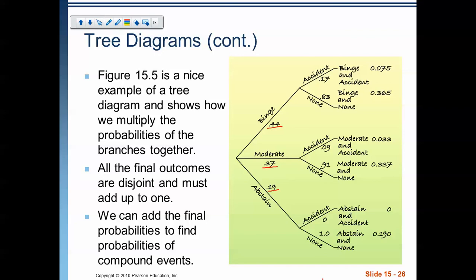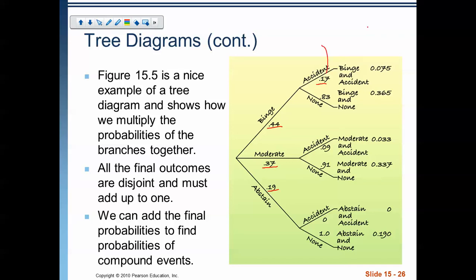So now let's go up one of the branches. Given that I'm a binge drinker, right? Notice that as I go up this branch, what I just said, given that I'm a binge drinker, all of the things up here are a conditional probability. I am knowing background information that I am a binge drinker. Given that I'm a binge drinker, the probability that I've been in an accident is 0.17.